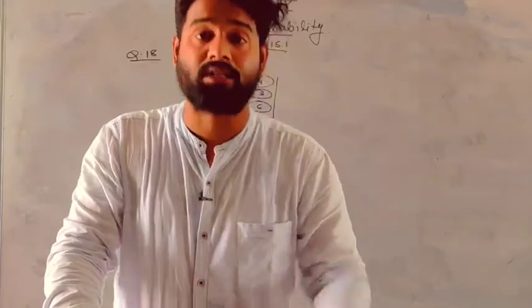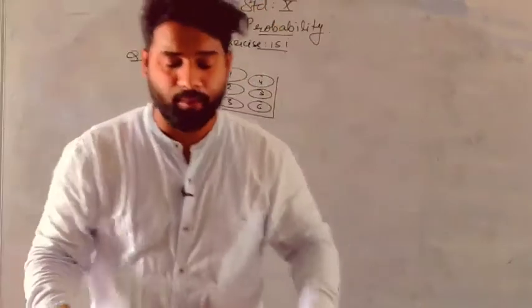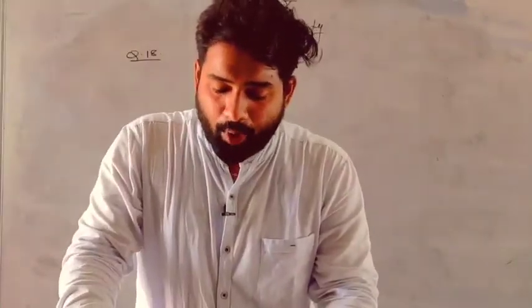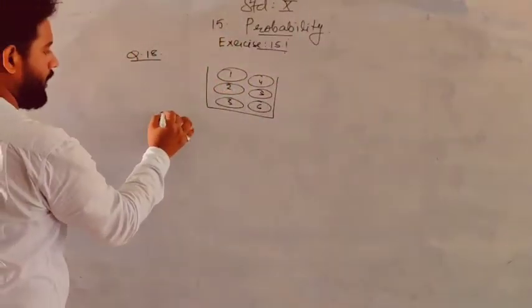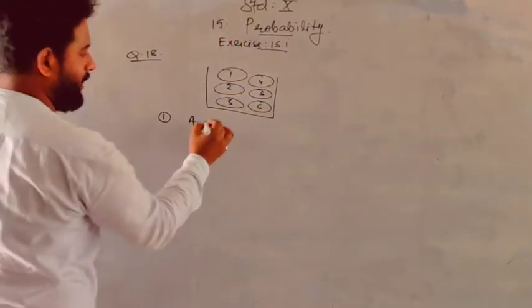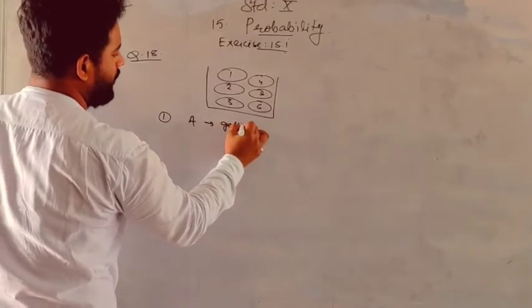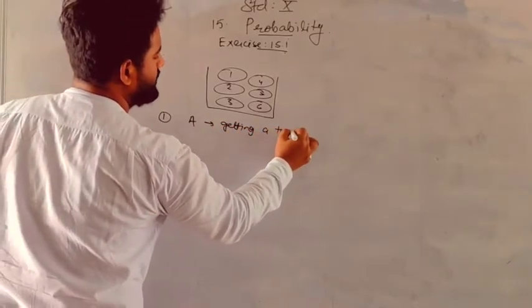If one disc is drawn at random from the box, now you're taking one disc from the box, find the probability that it bears a 2-digit number. Let me take the event A as getting a 2-digit number.